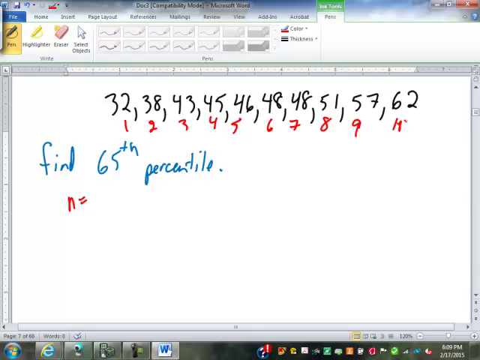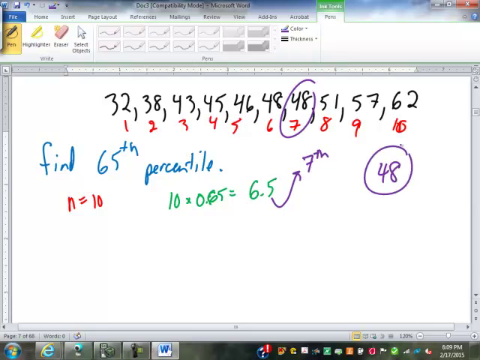So n is 10. Then what? 10 times 0.65 because it is the 65th percentile. So it is 6.5. So then the seventh number, which is 48, is the 65th percentile.